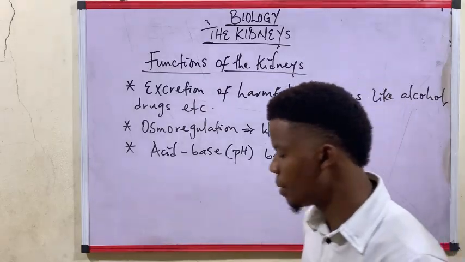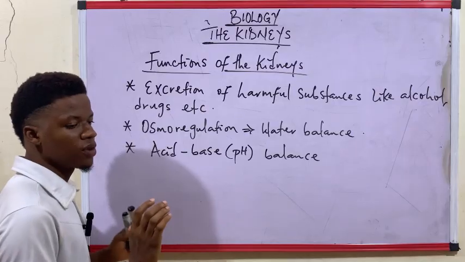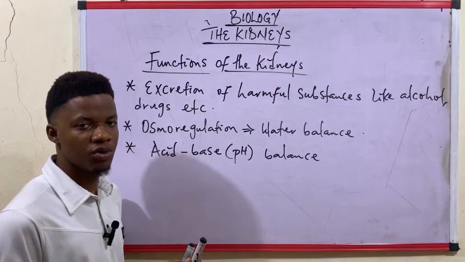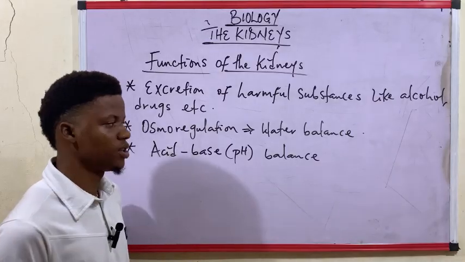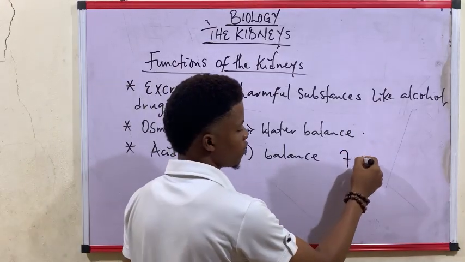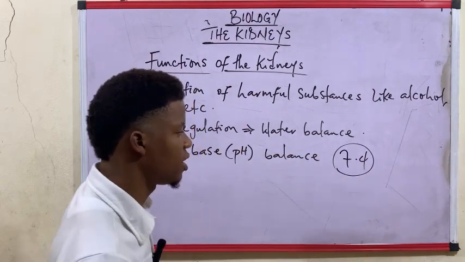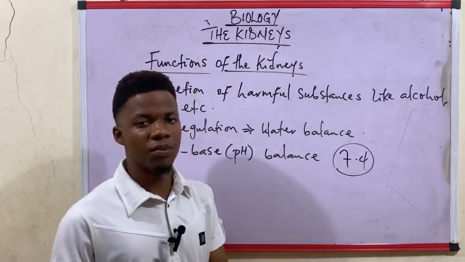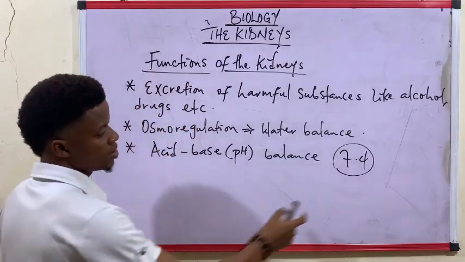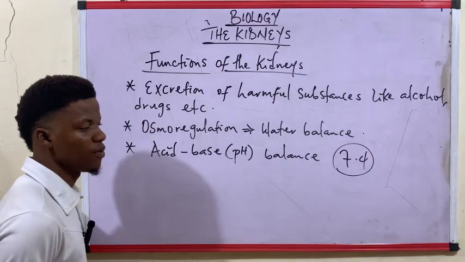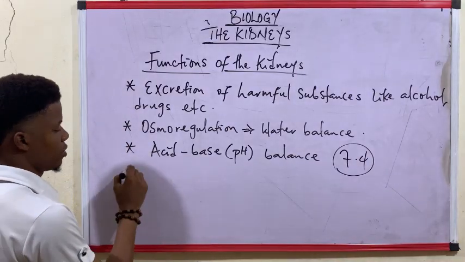If you remember, what is the expected pH for the blood? The expected value of the blood pH is 7.4. So pH 7.4 is the pH level your body needs to survive.